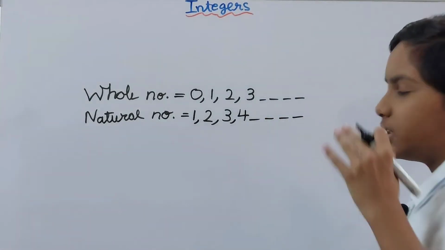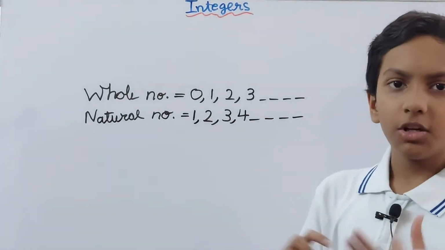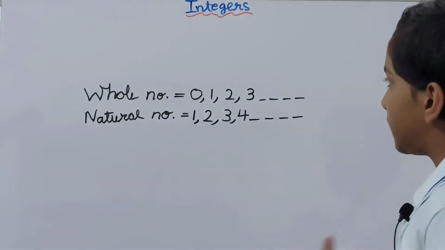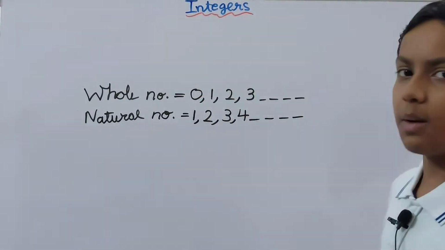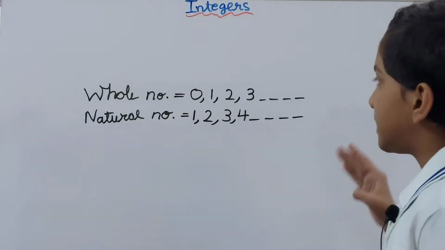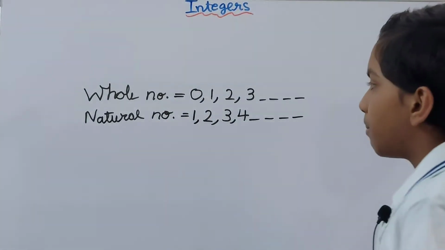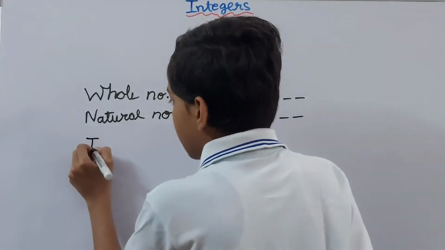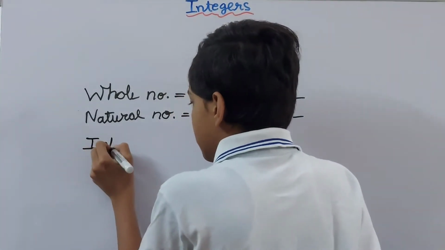So, these are the two types of numbers, whole numbers and natural numbers. As you can see, whole numbers start from 0 and natural numbers start from 1, okay? But today we are discussing integers.